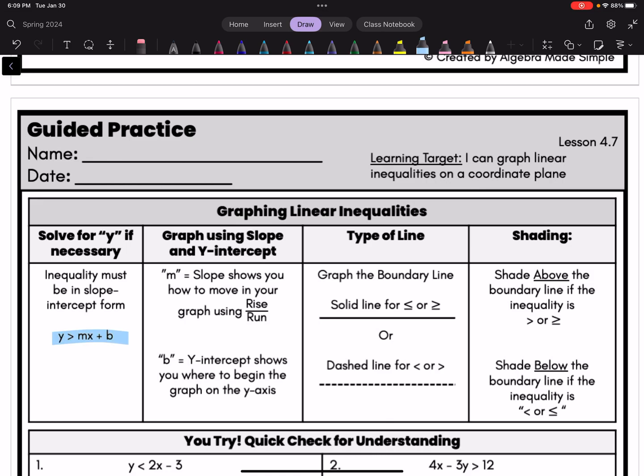So you need y on one side and then mx plus b on the other side. In our second box, they're reminding you that m is your slope and b is your y-intercept. In our third box, we're looking at the type of line, so you're deciding between solid or dashed, and then shading, you're deciding on above or below.